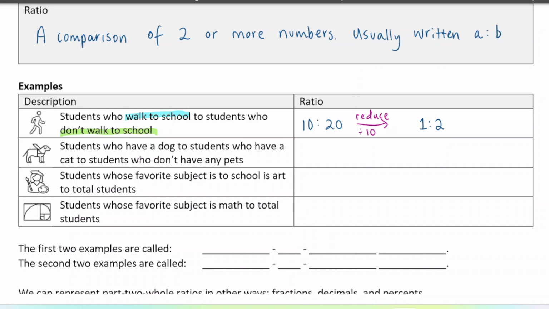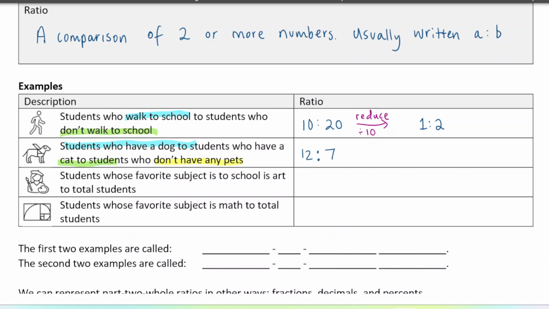Okay, let's do students who have a dog, students who have a cat, students who don't have any pets at all. So this is going to be a 3-part ratio, and you could poll your class. I'm just going to make up an example here. Let's say we have 30 students again. Let's say 12 students have a dog.